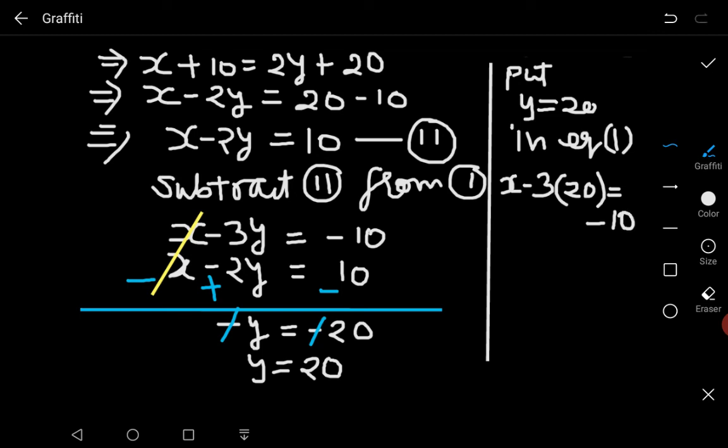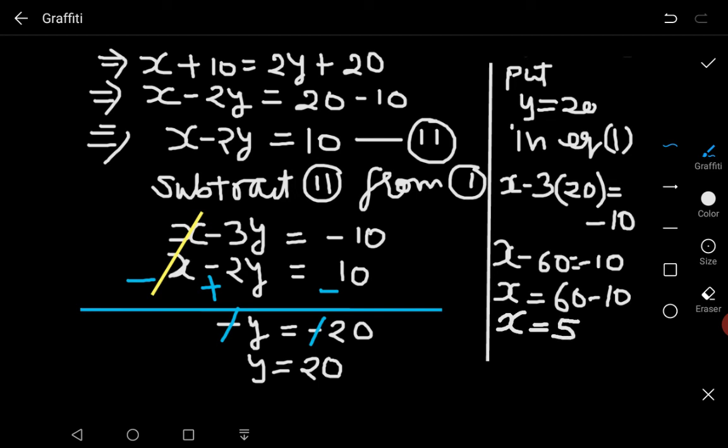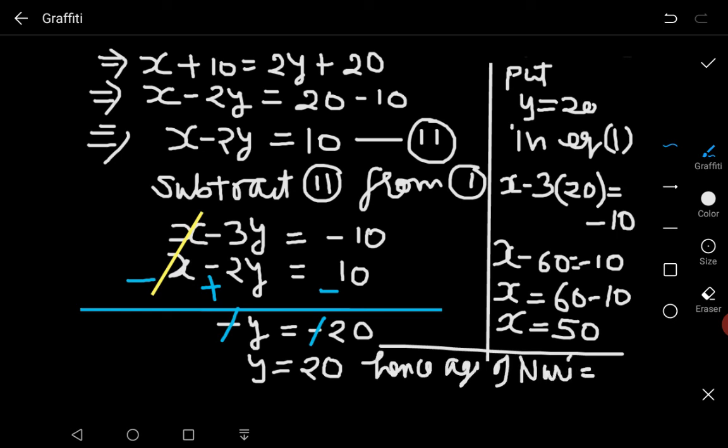So we can say that x minus 3 times 20, that is 60, equal to minus 10. So x will be equal to 60 minus 10 and that is 50. So yes, we can say that hence the age of Noori is 50 years and age of Sonu is 20 years.